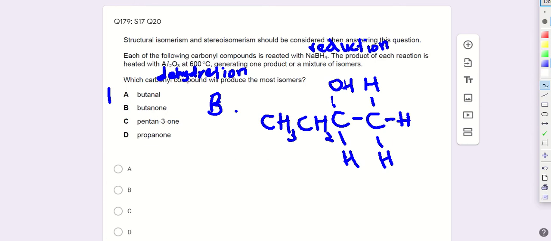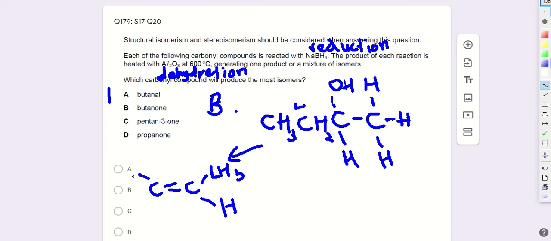So I want to remove one hydrogen from this carbon first. So I'll get a double bond between these two carbon atoms. This is being removed. So this carbon is now bonded to one H and one CH3. This carbon, I remove one H, so it's now bonded to one H and one CH3 also.